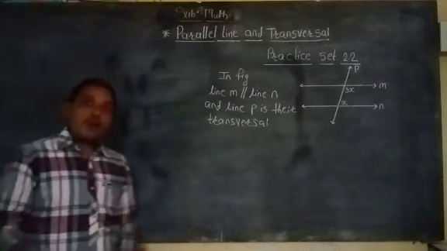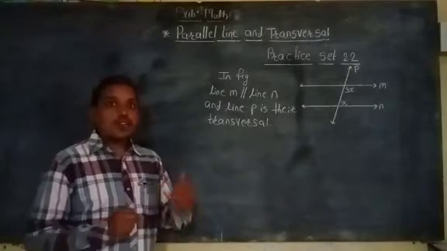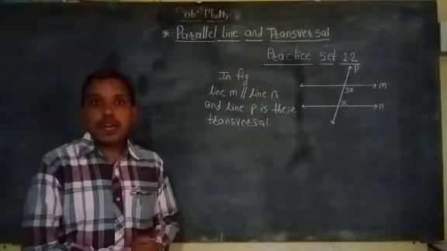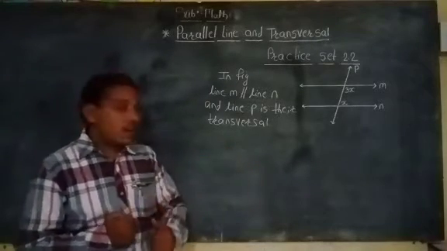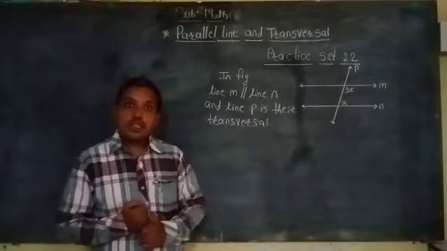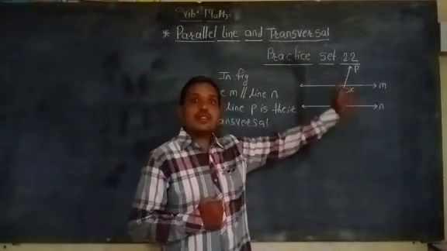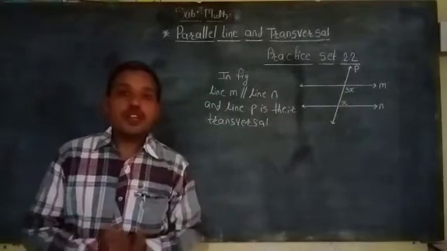When one transversal intersects two parallel lines, it makes different angles on them, and according to those angles, the 3x and the x, these two angles show some relation between them.